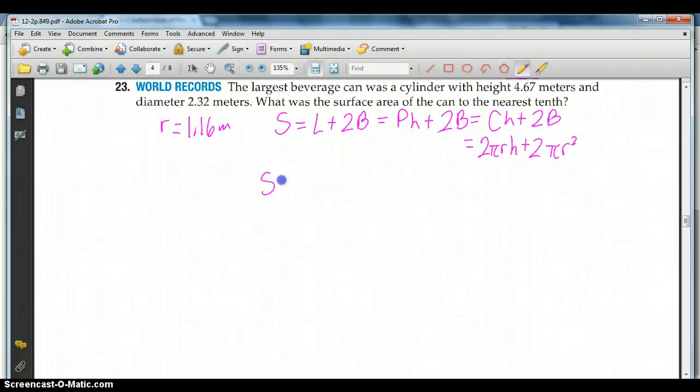So our surface area will be equal to 2 times pi times radius of 1.16 times a height of 4.67 plus 2 times pi times 1.16 squared.